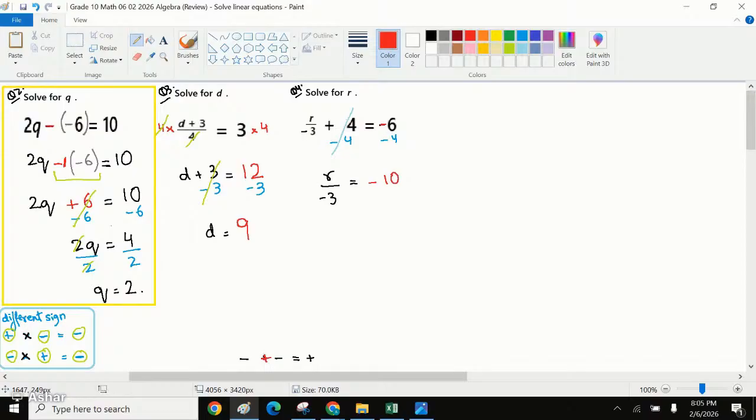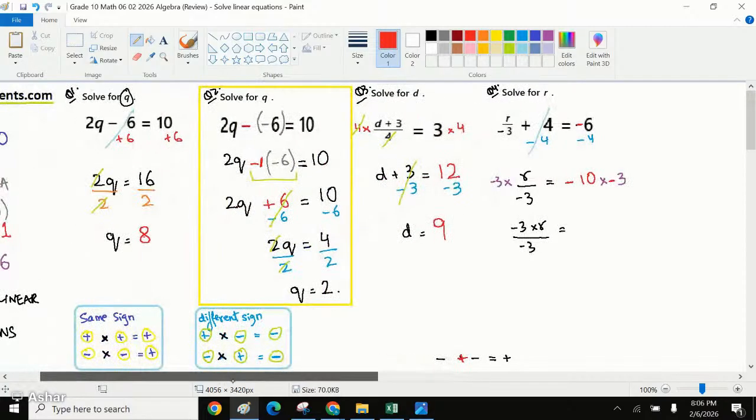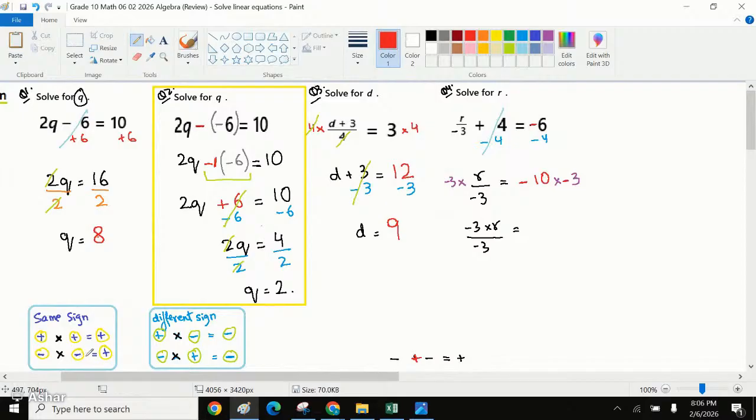Now we have the negative 3 on the denominator on the left hand side. So if we multiply this side with the same number and we multiply this side with the same number, we can say this is written as minus 3 multiplied by R upon minus 3 is equal to, when the numbers are negative and they're multiplied together, if they have the same sign, negative and negative, the result would always be positive.